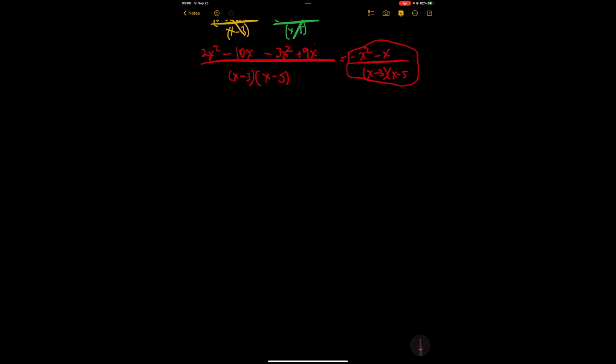This one I'm not going to try to explain anything. I'm just going to do it because I already explained everything before in the other video that I made. Let's say we have 2x minus 3 over x plus 5.